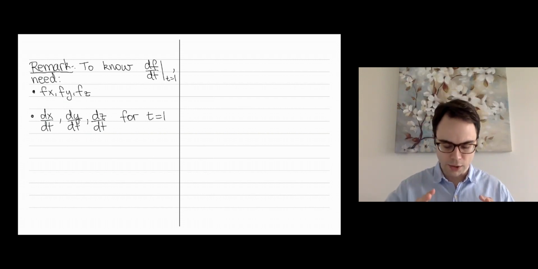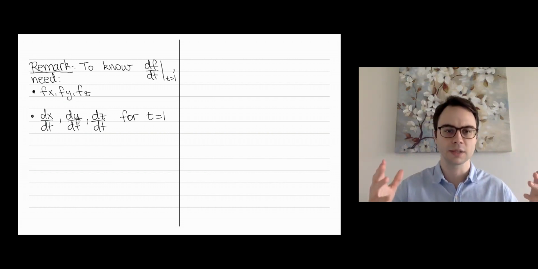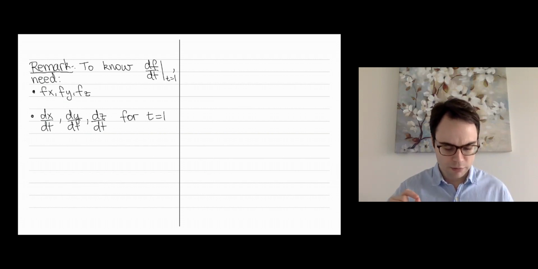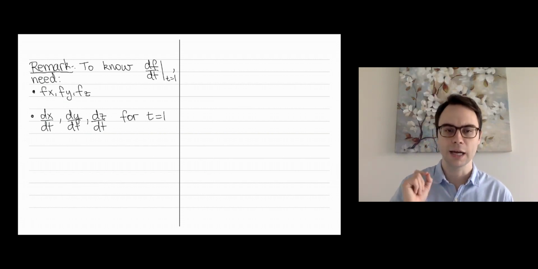Let me try to make this more concrete. Let's say we have a function f of x, y, and z that is the temperature in space, and there's a little bug flying around. And x, y, and z of t is the position of that bug at time t.